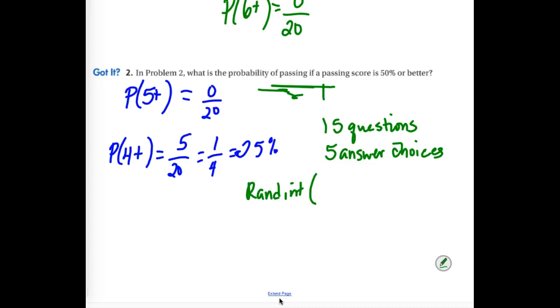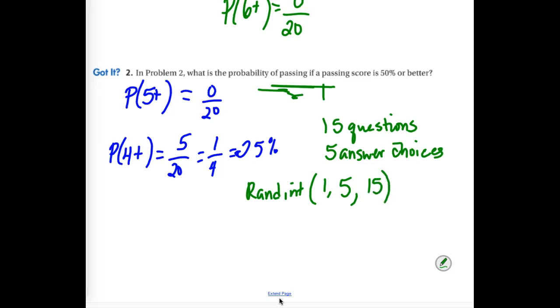What numbers would I put in? How many choices do I have? 5. So I want it to generate numbers between 1 and 5? Yes? Okay, so 1, 5, and then what's my last number going to be? 15. All right, 15 questions.